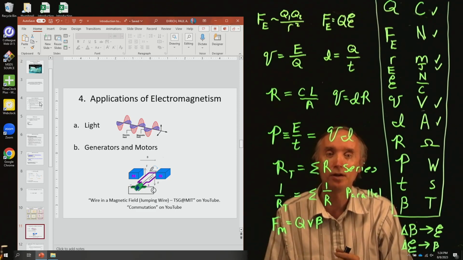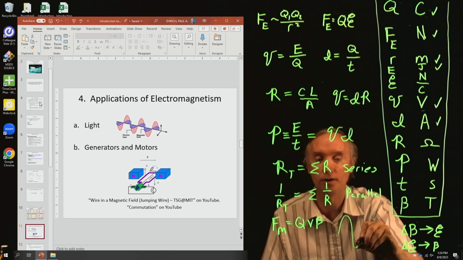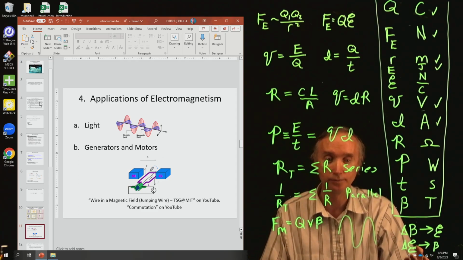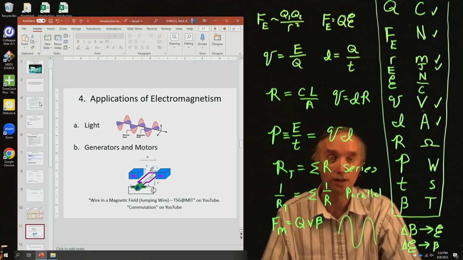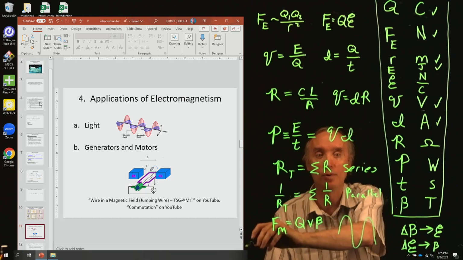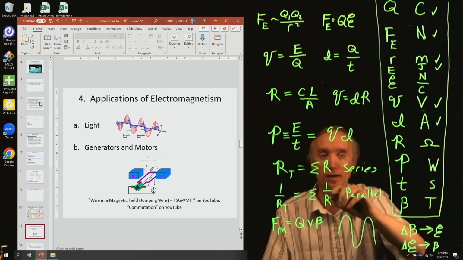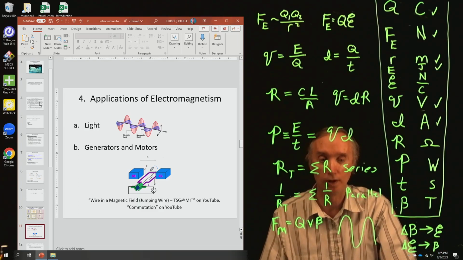And the reason why we call it an electromagnetic wave is that it has an electric field part that is going to be oscillating with a certain frequency. That frequency is the frequency of that particular kind of light. So radio waves have large wavelengths, but a gamma ray has a very, very small wavelength.